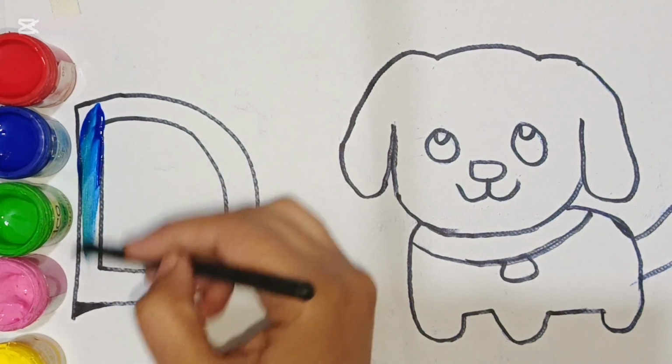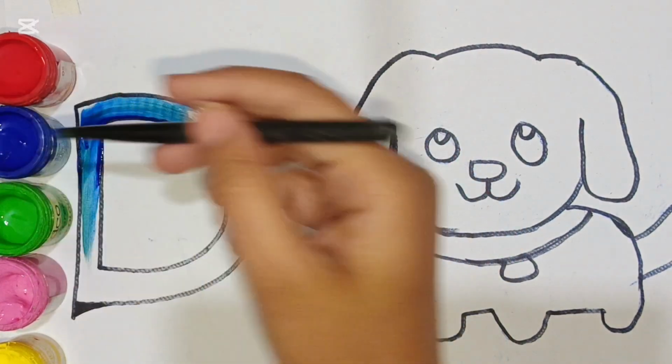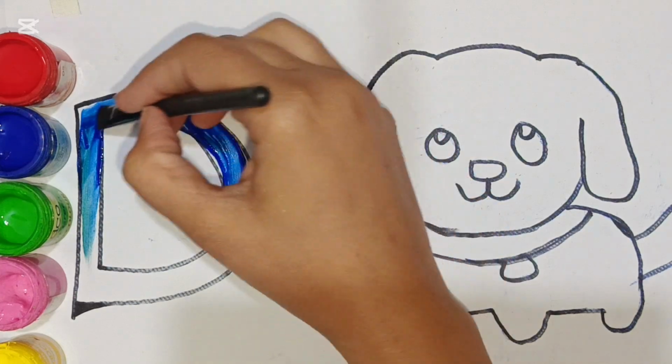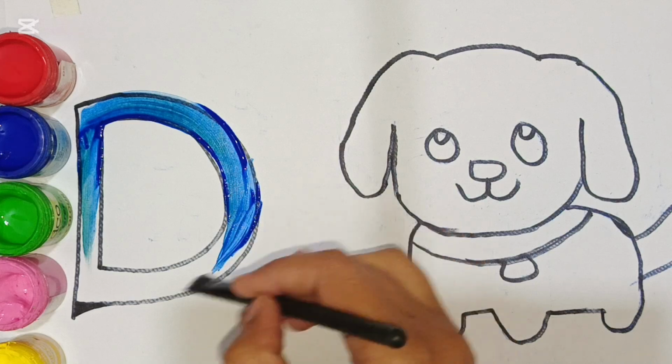We take blue color to fill in alphabet D. This is blue color and the alphabet is D. D for dog.